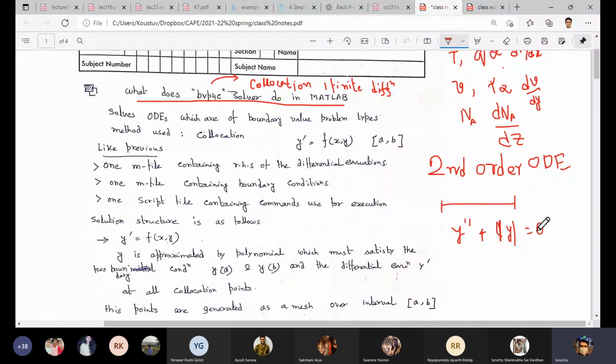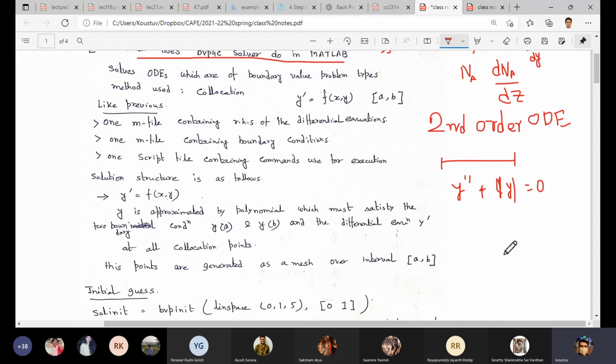Okay, so we can very easily reduce it to two boundary conditions: at location x equals 0 the value of y is given, and at x equals 4 a value is given. So at two points the two boundary conditions are given.